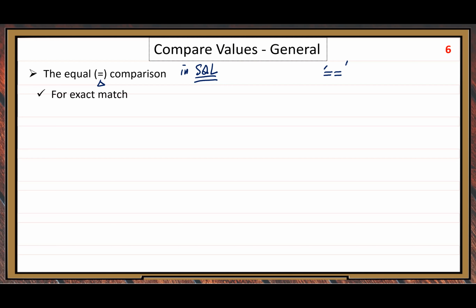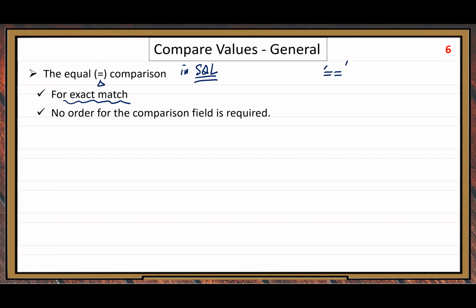This is for exact match. When we use this operator, no order for the comparison field is required. Order meaning larger or smaller, whether the value is larger or smaller. You don't need that information because you only want to do the exact match.